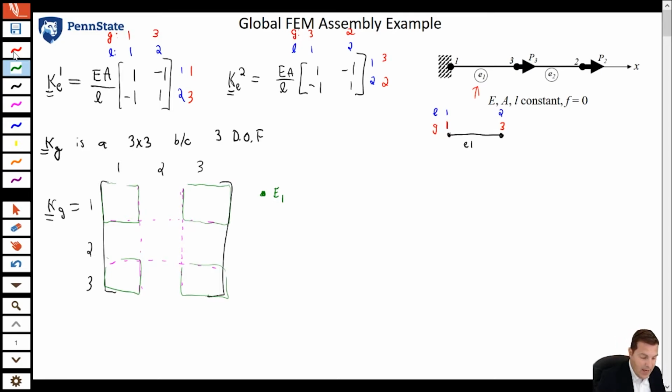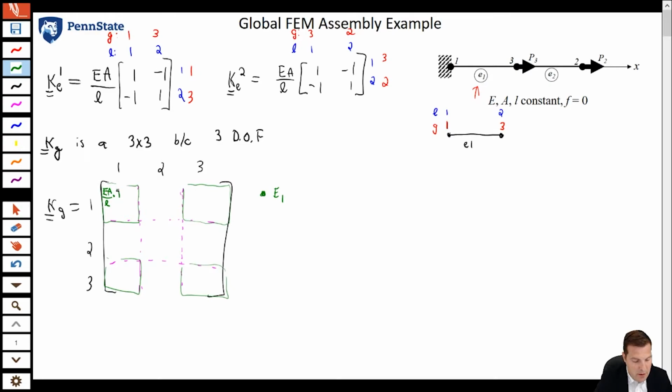That's going to be EA over L. Both of these, remember, have EA over L constant throughout, so we could actually bring that out and make our life easier. Those are all scalar values, so I can put it anywhere. I should maybe put it outside the matrix, or we can just include it here to be clear. EA over L, and that's going to be a 1, right?